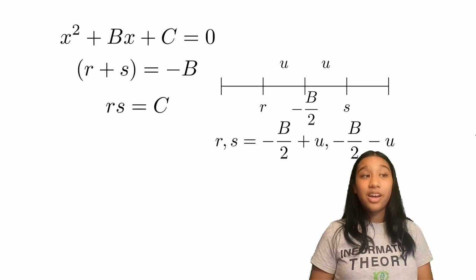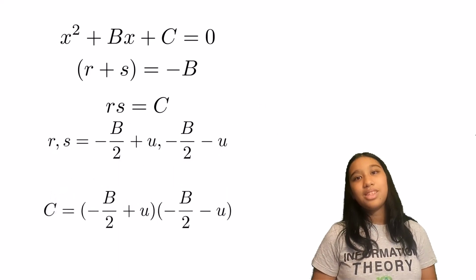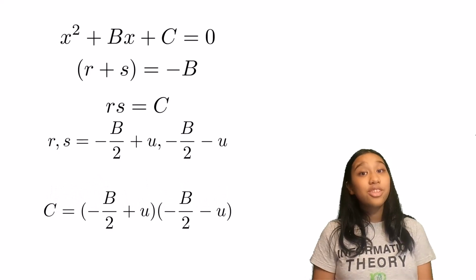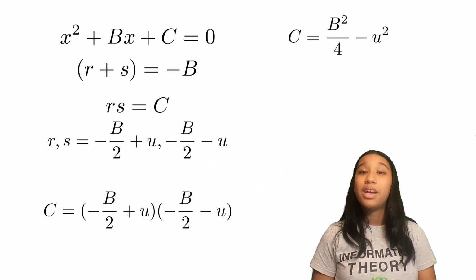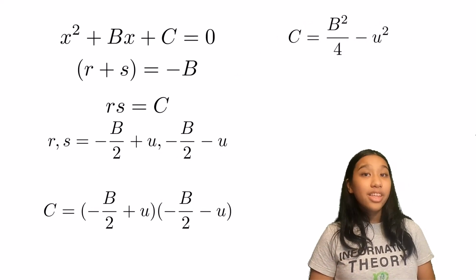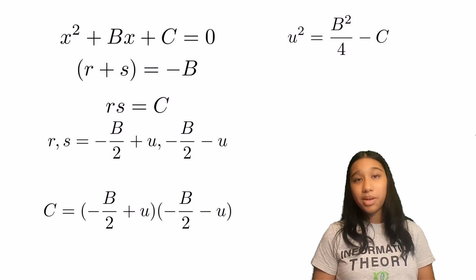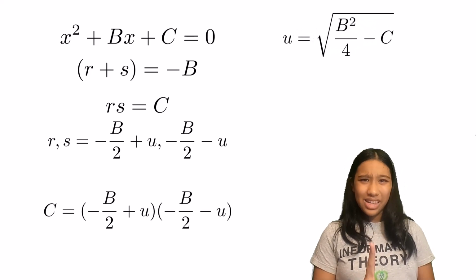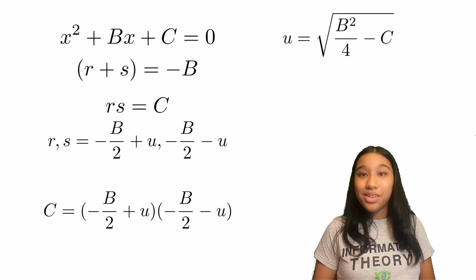Now we have values for r and s, and we can substitute them into our second equation. So C equals negative B over 2 plus u times negative B over 2 minus u. This is a difference of squares, and if you multiply it out, you'll get C equals B squared over 4 minus u squared. Write the equation in terms of B and C to get u squared equals B squared over 4 minus C, and u equals the square root of B squared over 4 minus C. But remember, we know B and C, they're variables.